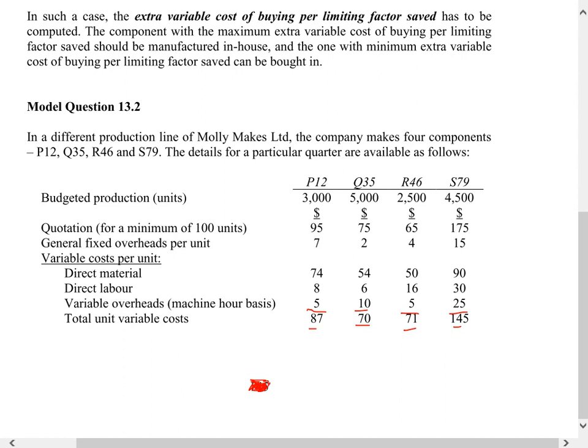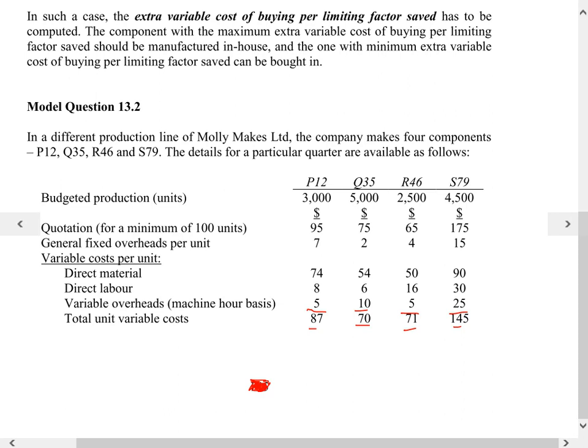In a different production line of Molly Mix Limited, the company makes four components: P, Q, R, S. Budgeted production is as follows.